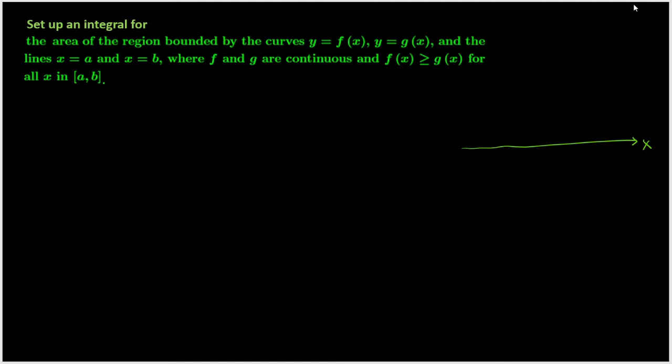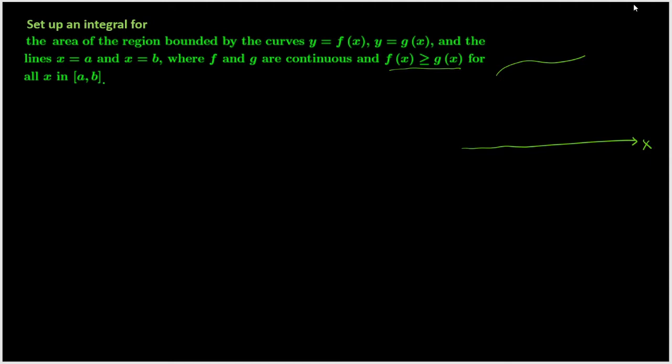The top curve is the graph of the function y equals f of x. And g of x is the bottom curve of the region. Because you have the condition f of x is greater than or equal to g of x, the graph of f of x is above the graph of g of x.